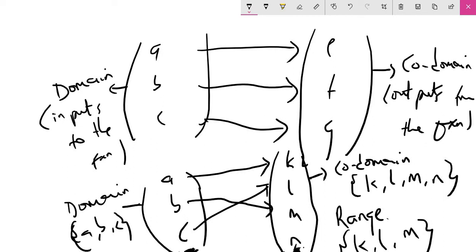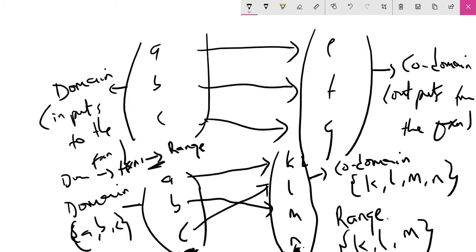And then the domain gives you all possible inputs that the function can take. So domain goes into the function, and then what comes out is the range.